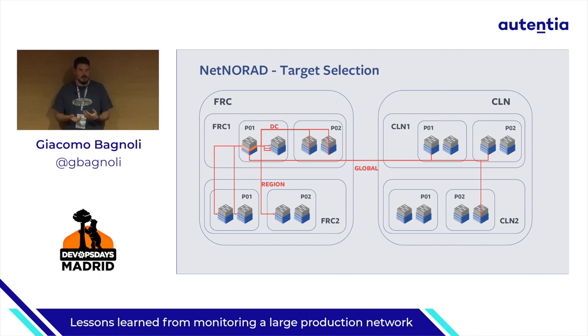We have a scheduler. It's pretty much the most complex thing that we have because we have to cover traffic in the same DC, which we call DC scope. We also cover regional traffic, and we also cover global traffic between 2 regions. So FRC is Forest City, and CLN is Clonee in Ireland.